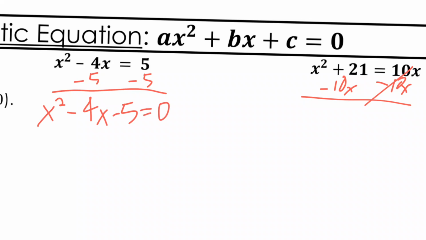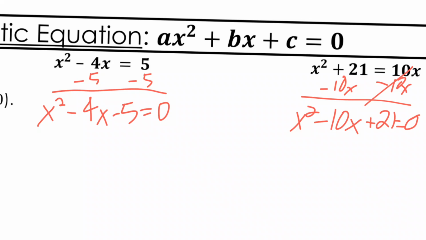I won't say minus 4x minus 5 equals minus 9x, because the 4x has an x and the 5 doesn't. So if I subtract 10x, that goes in the middle because it can't combine with something that's being squared. This is my bx term, and it can't combine with the 21, which has no letter at all, because that's my constant term.